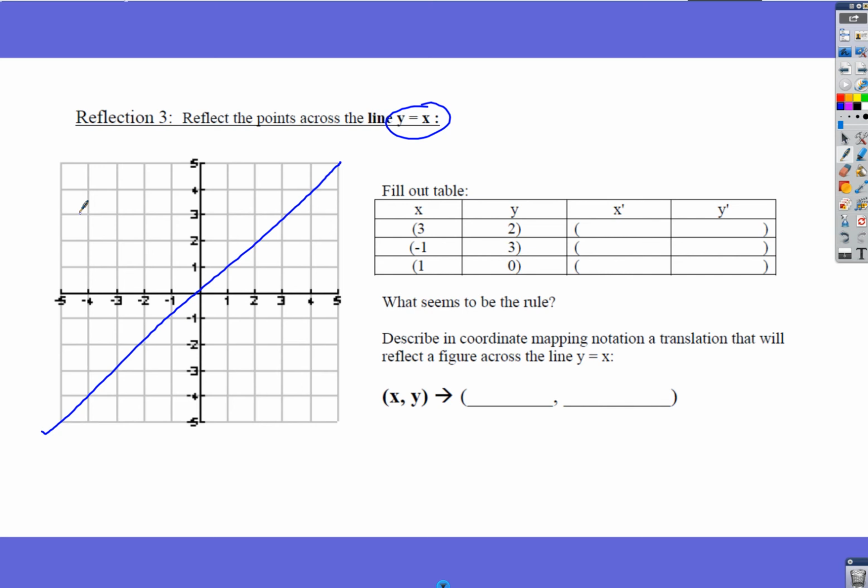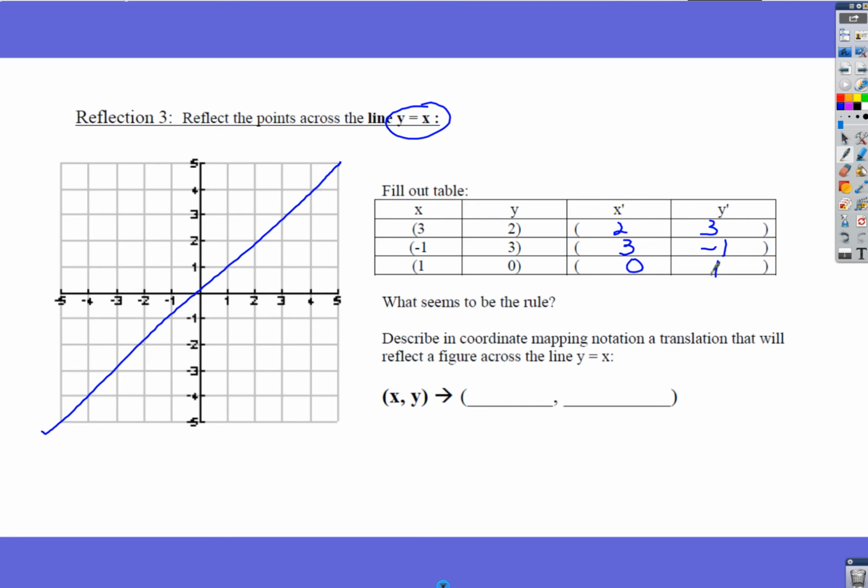Whether it's y equals x or y equals negative x, what do they have in common? Flip the x and the y's. So instead of 3 and 2, I'll put 2 and 3. Instead of negative 1, 3, 3, negative 1. Instead of 1, 0, 0, 1. That would be after the flip.